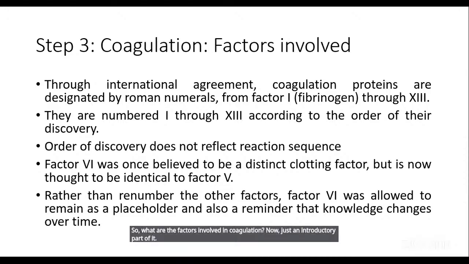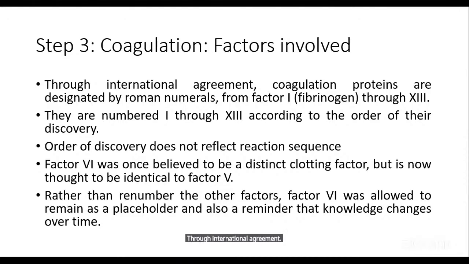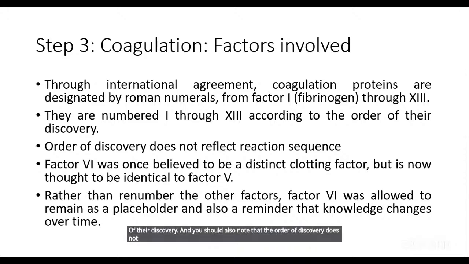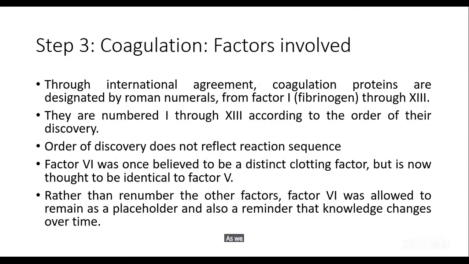Through international agreement, coagulation proteins are designated by Roman numerals from factor 1 to factor 13. Now, take note that they are numbered 1 through 13 according to the order of their discovery. And you should also note that the order of discovery does not reflect the reaction sequence, as we shall see when we'll be discussing the coagulation pathways.